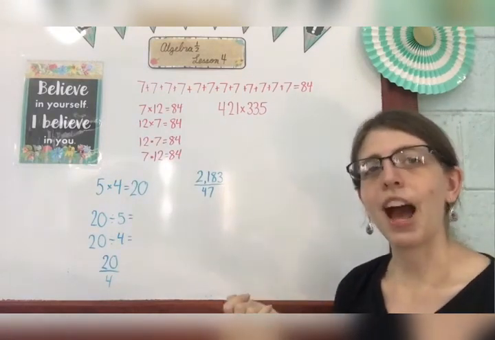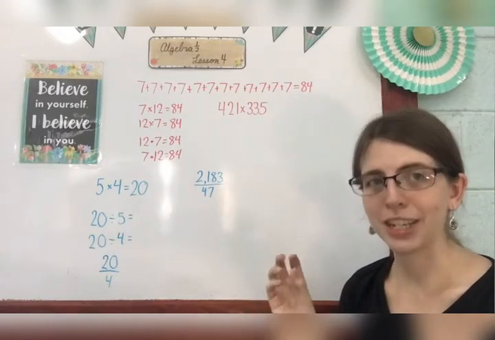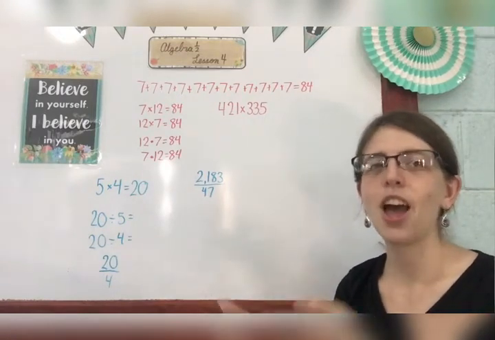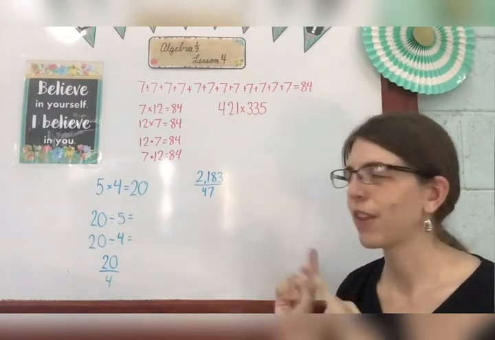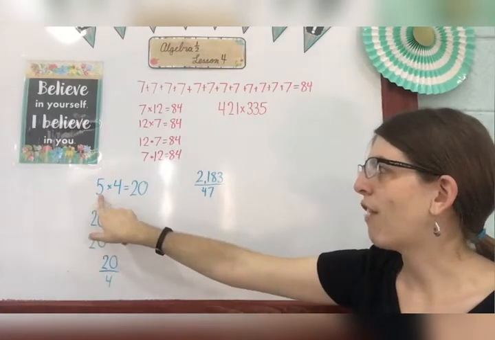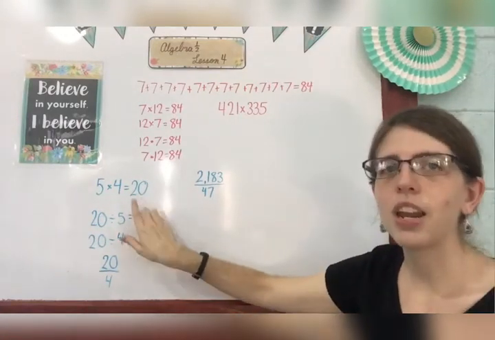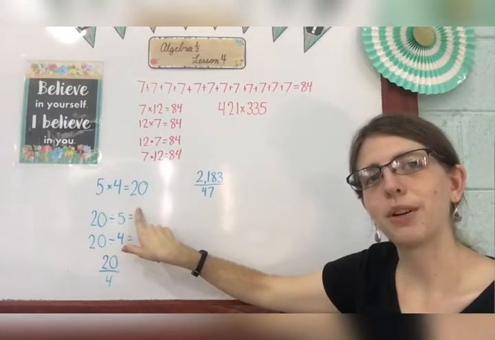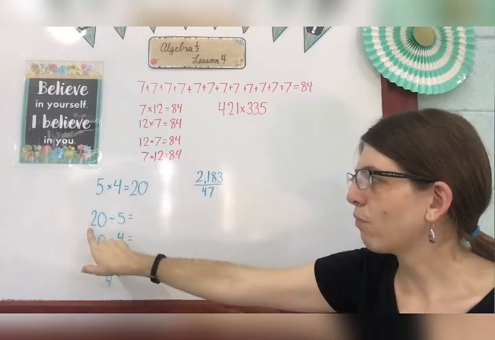Now we talked about how addition and subtraction are inverse operations. Well, so are multiplication and division. They will undo each other. For example, if I have 5 times 4 equals 20, just like with addition, in multiplication, my bigger number is here on the end. I can switch that with division.